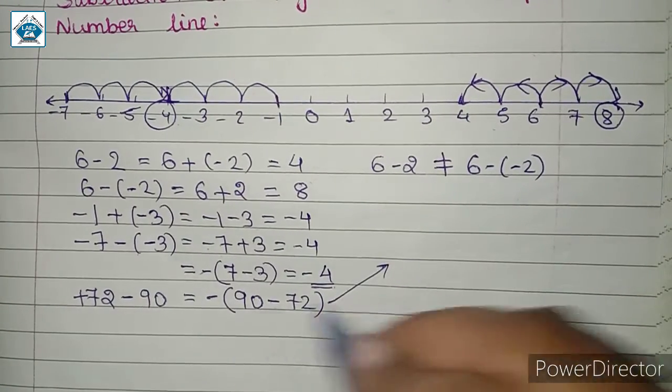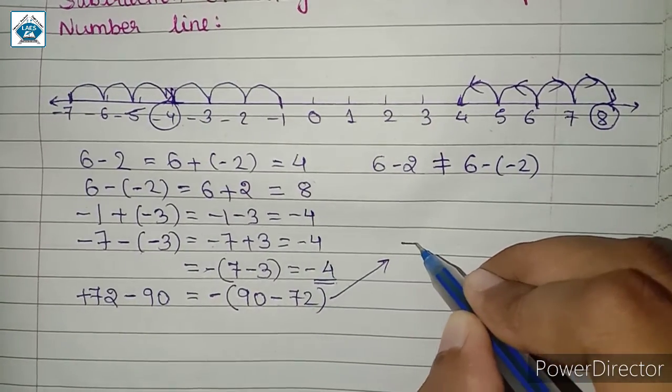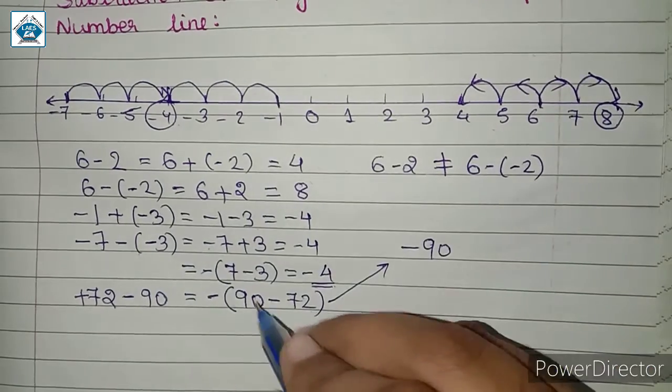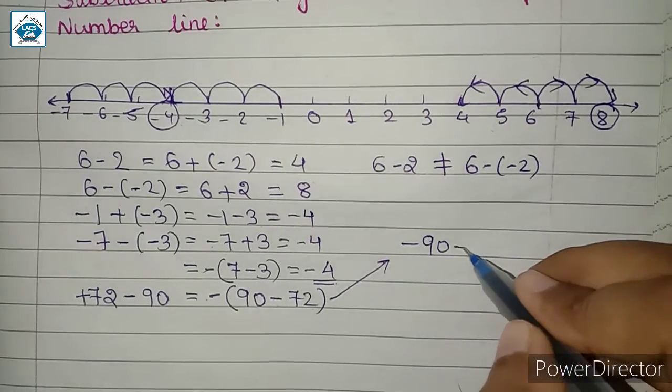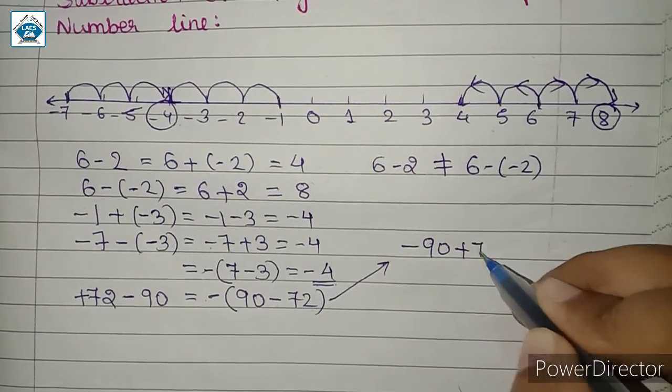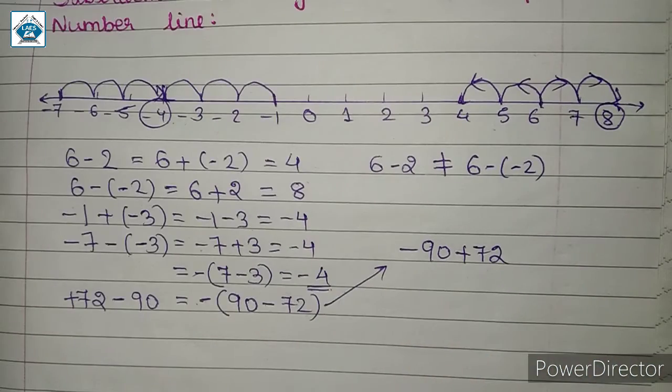Over here when we open the bracket, minus 90 हो जाएगा, है ना, minus into 90 we get minus 90 and minus into minus we get plus. We all know that this is equal to 72. So coming back to our question, here we have plus 72 minus 90, जिसमें से हमने minus common निकाल लिया और जहाँ पे plus था it became minus.